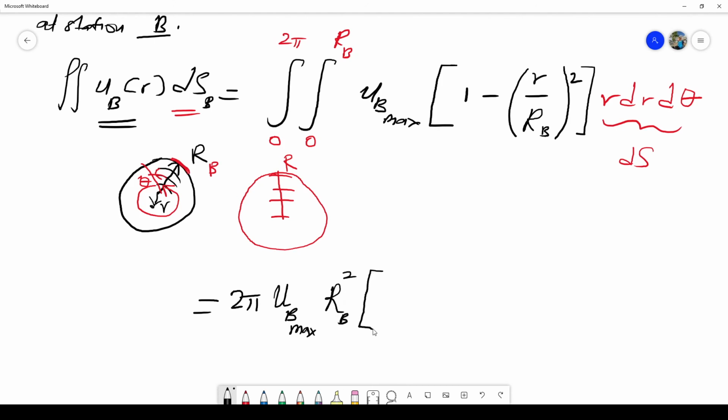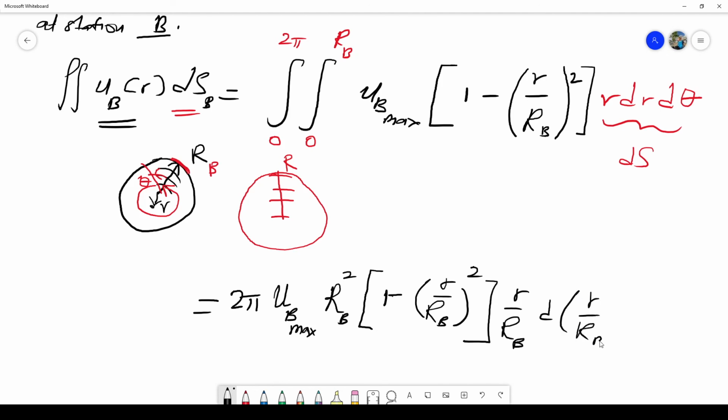Then we have the terms 1 minus R over RB squared, and then R over RB, and another R over RB.